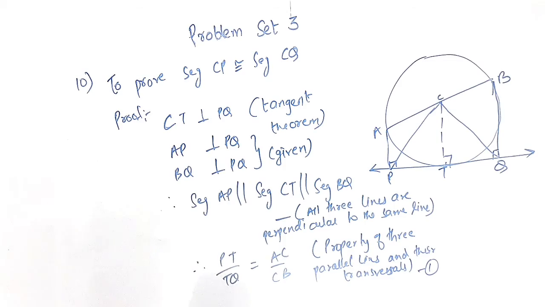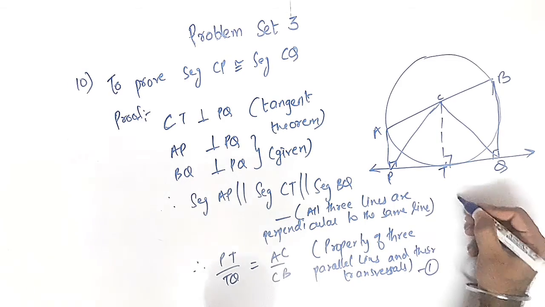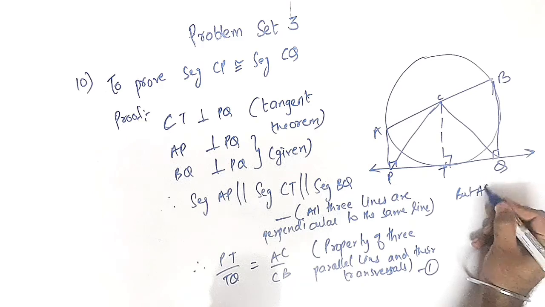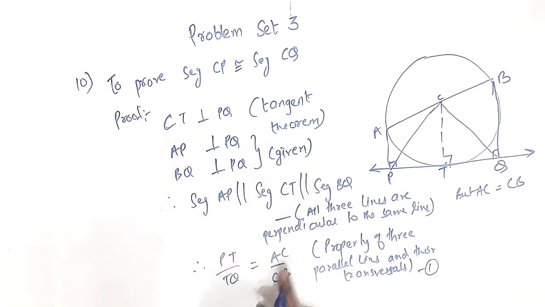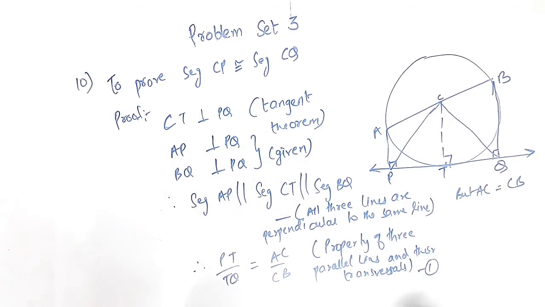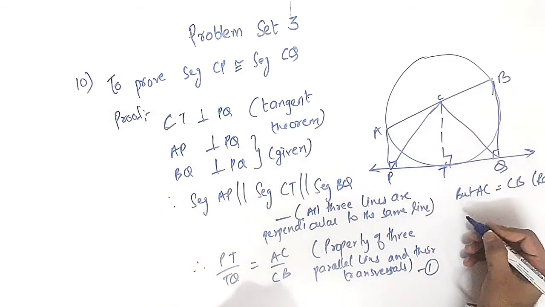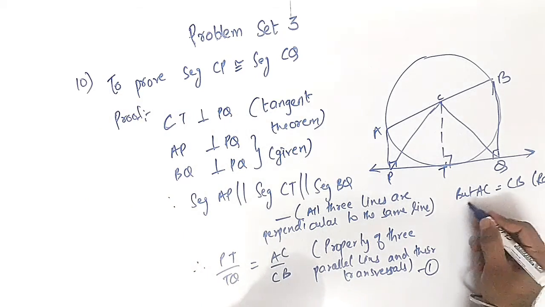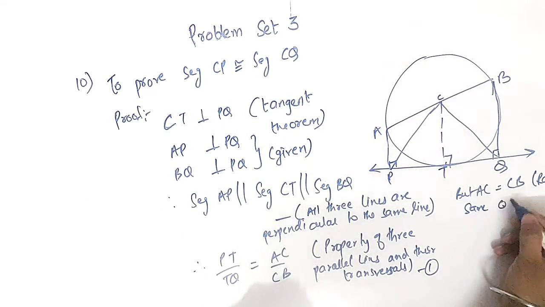Now you have AC is equal to CB. This both are equal because C is the center of the circle, so CA is equal to CB. So I'll write this as radii of same circle.